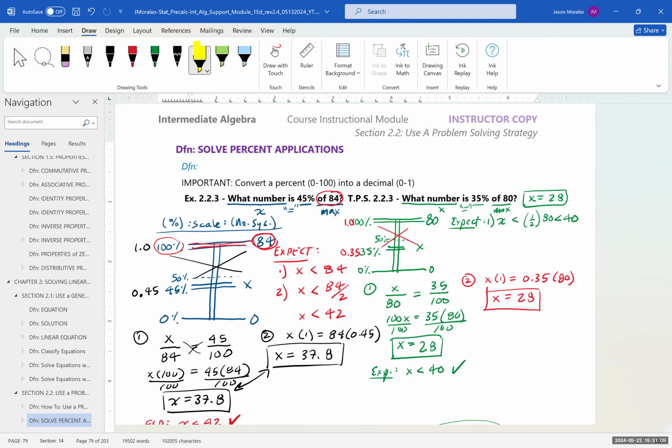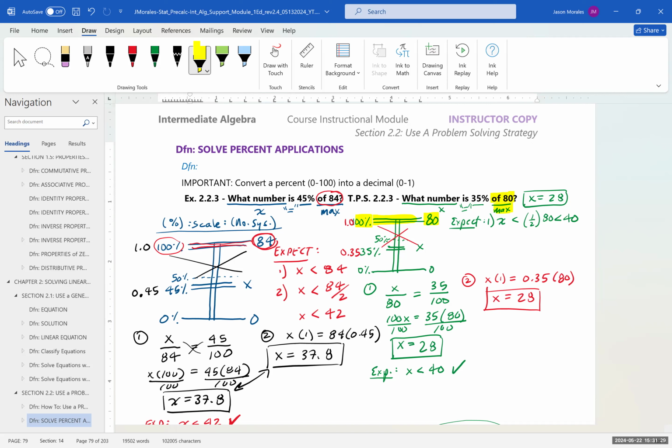So remember some keywords. When we see the word "of" like "of 80," that's referring to the maximum. So on the scale where we've got numbers on one side, 80 is going to be our maximum number, which means that's going to be correlated to 100% on the other side, right?